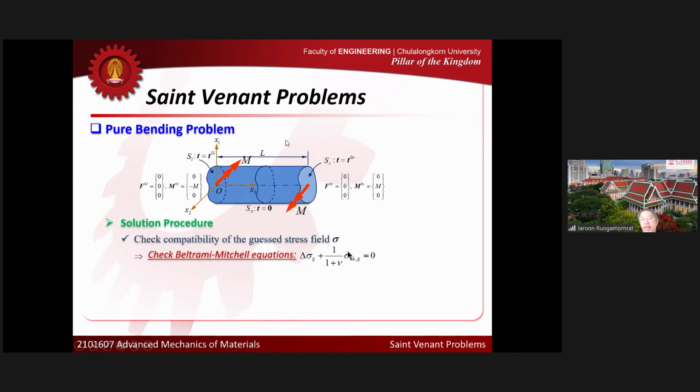the first term and the second term deal with second derivatives of strain components, right? Because this is the Laplace operator, and here you have comma ij. So you can see that second derivatives of stress components appear in the Beltrami-Michell equation.